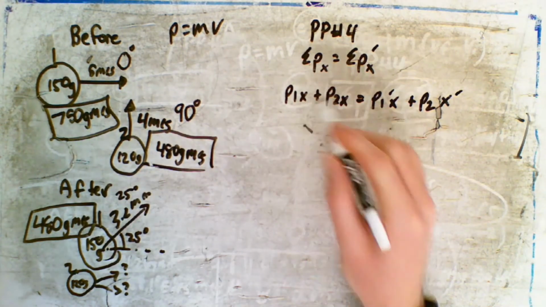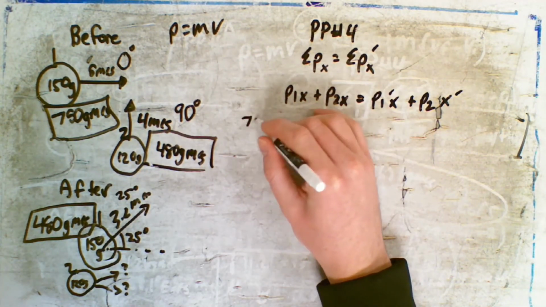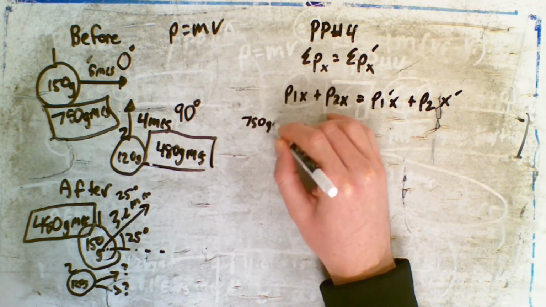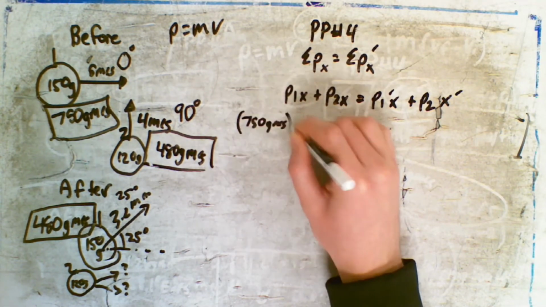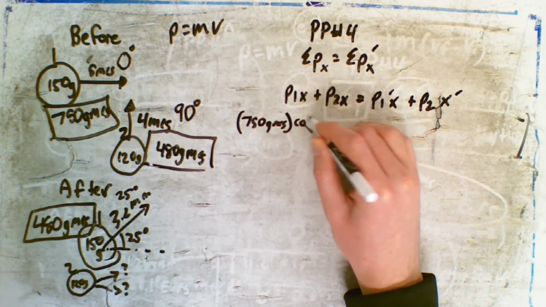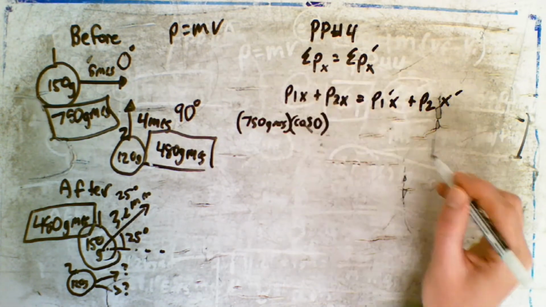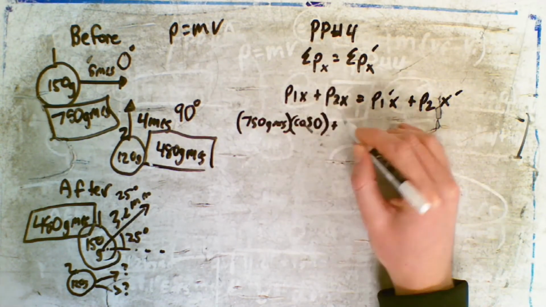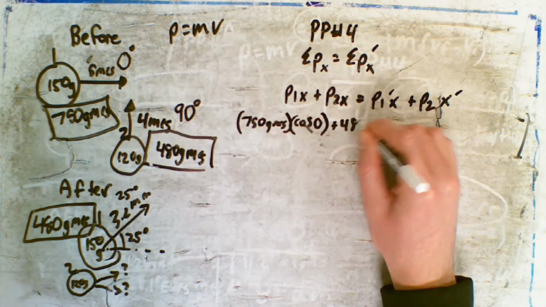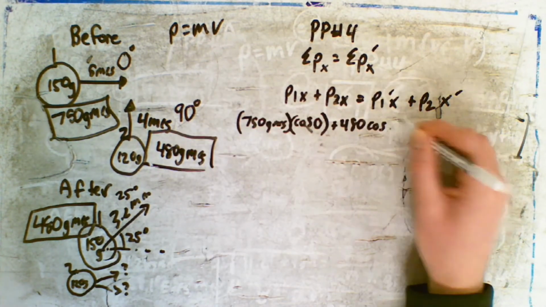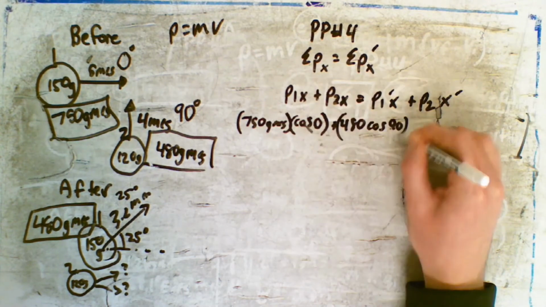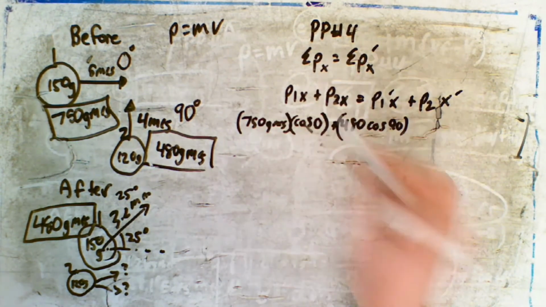So to find in the x, I just have to go my 750 gram meters per second, and then to make it x, I just go cos of 0. And then for the second one, this is 480. To make it x, I'm going to go cos of 90. And if you type cos 90 into your calculator, you get 0, and that's why it zeroes out.